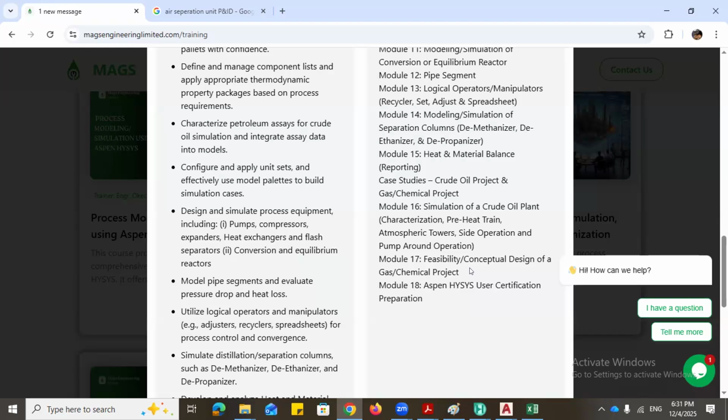And any one they bring up is something that is going to be in demand, required worldwide. After then, they will also guide you on how you can get your Aspen user certification exam.